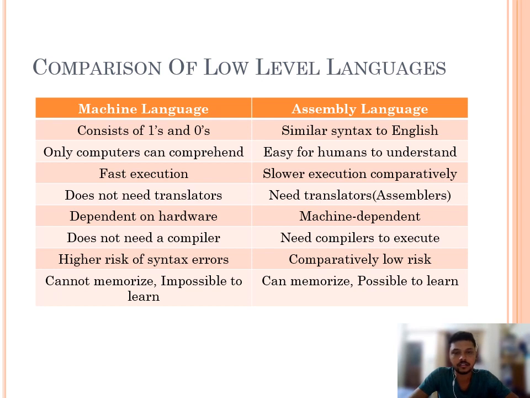The machine language is composed entirely of binary, while the assembly language has syntax similar to English. Also, the machine language is fast compared to the assembly language, but it's hard for a human being to understand as it's written in binary.